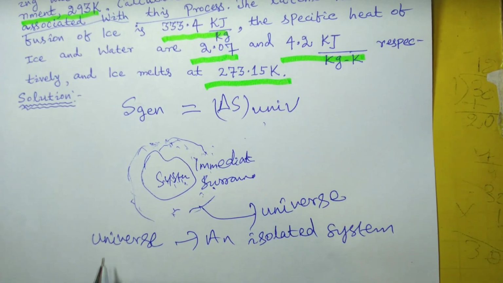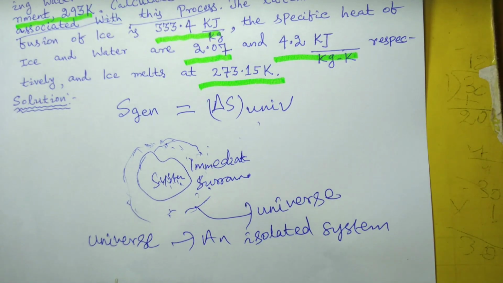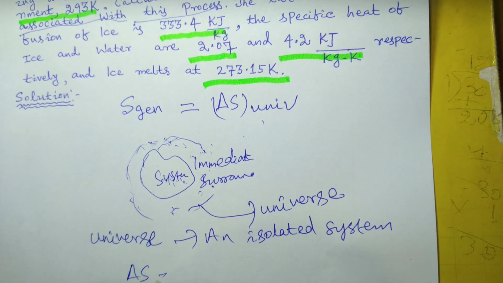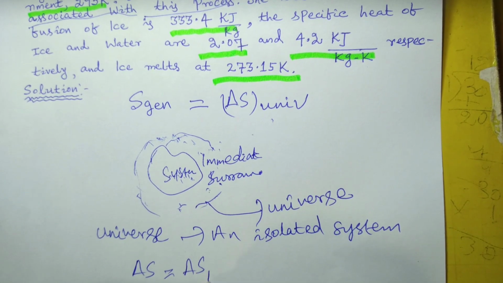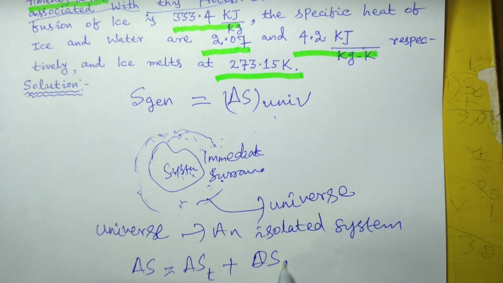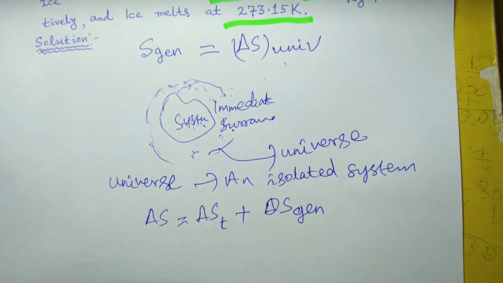So whenever entropy change of a closed system takes place, change in entropy of any system in fact takes place through entropy transfer and entropy generation. Entropy transfer takes place from outside, and entropy generation takes place inside the system.